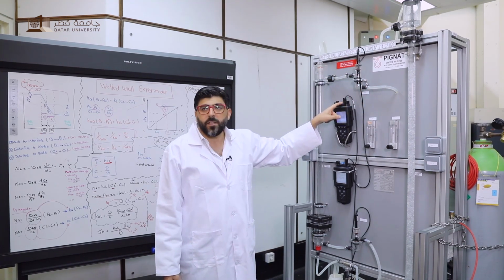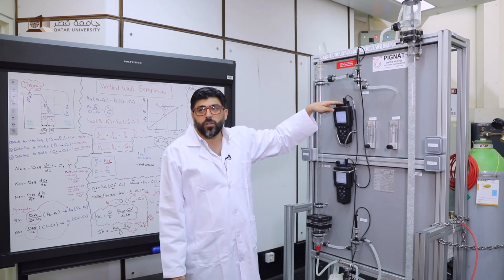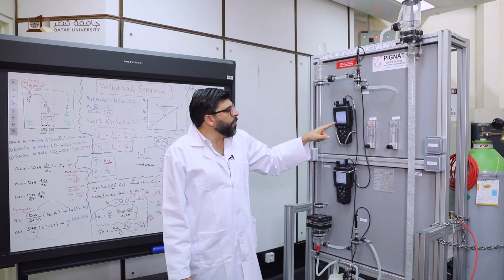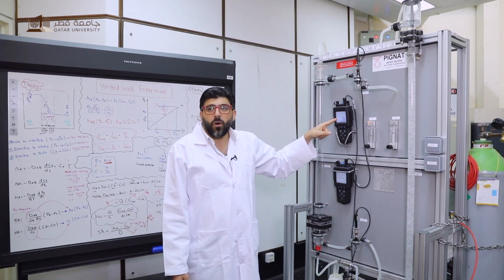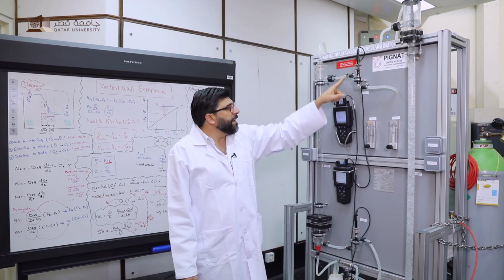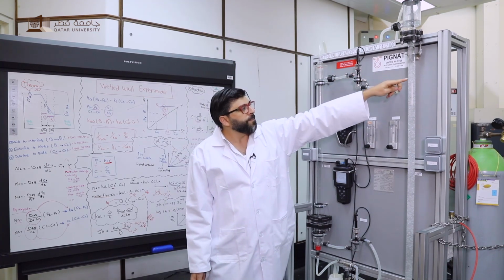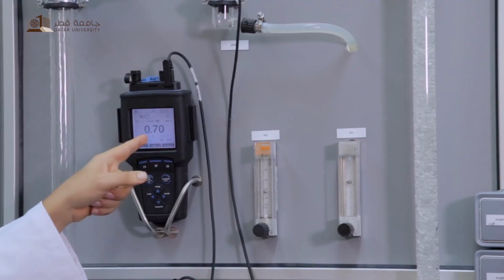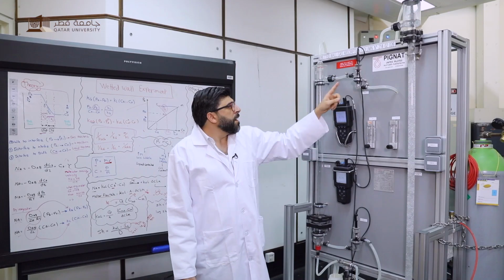We have the dissolved oxygen meter, and its probe is connected here, so we can find that the amount of dissolved oxygen in the water that gets out from the deoxygenation column is 0.7 milligram per liter.